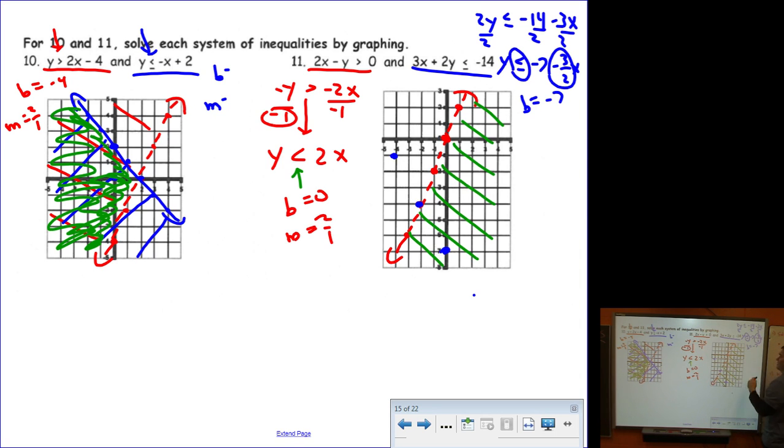This would be a solid line because it's got or equal to. And if I go back to the original problem and I put 0, 0 in, I find out that 0 plus 0 is less than -14. That is false. So the answers are not on the side of 0, 0. They're on the other side of the line. And that makes my double shaded area this little triangle down here. Right?